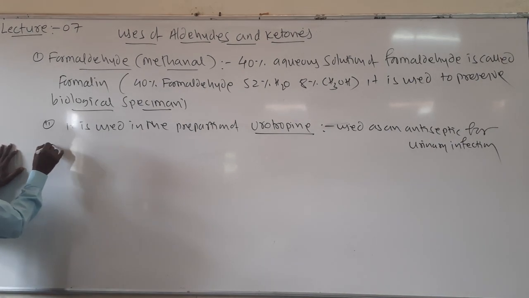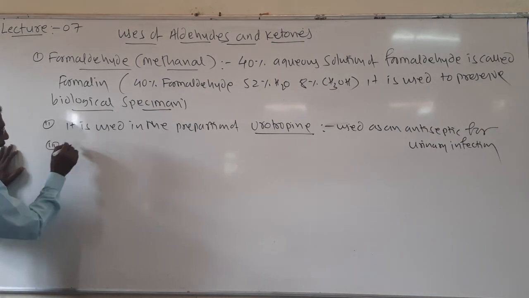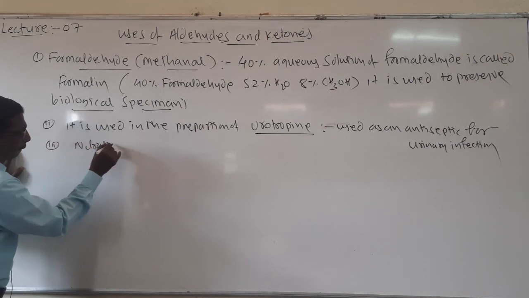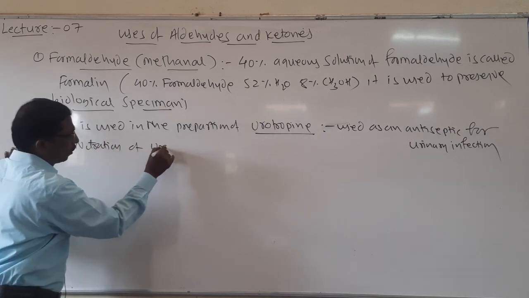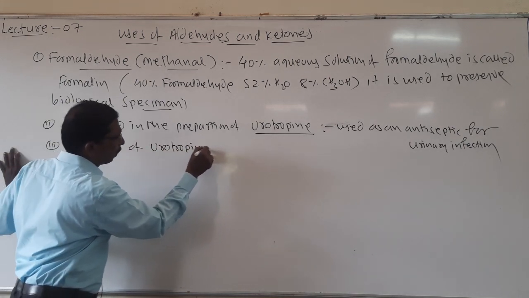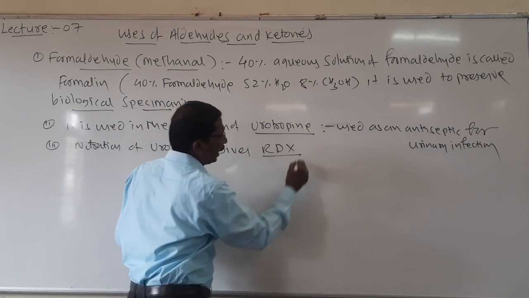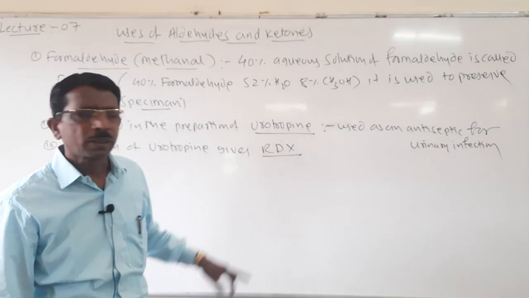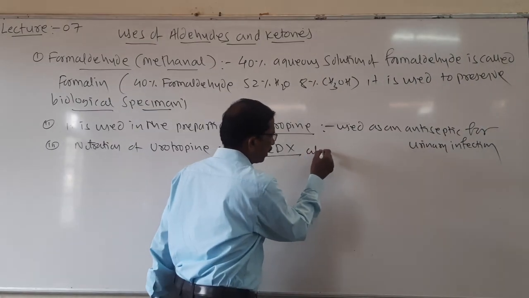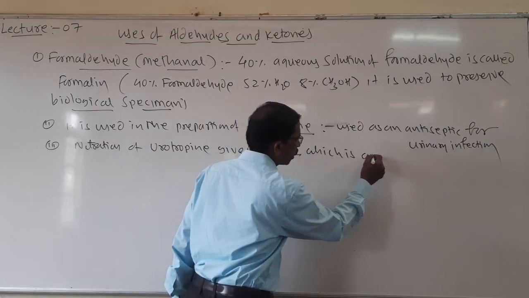And then nitration of urotropin gives RDX, which is an explosive.